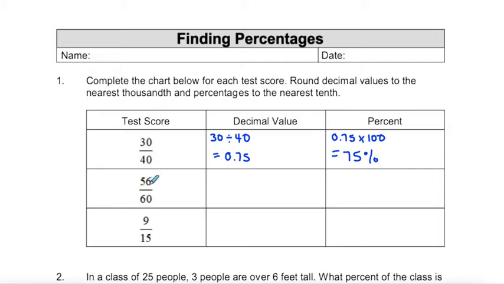For our next example, our next fraction was 56 out of 60. I'm going to take my numerator and divide by my denominator. That gives me a value of 0.9333333 and so on. What that means is that this 3 is a repeating decimal.